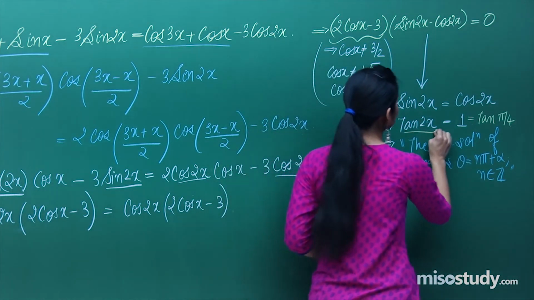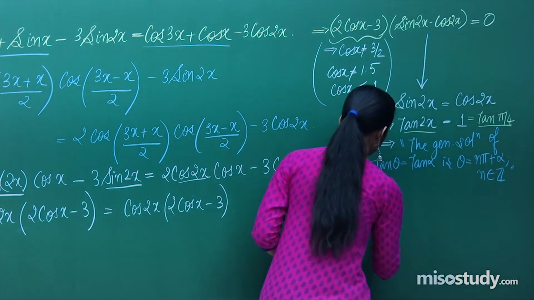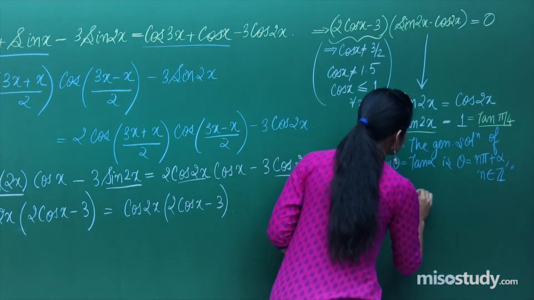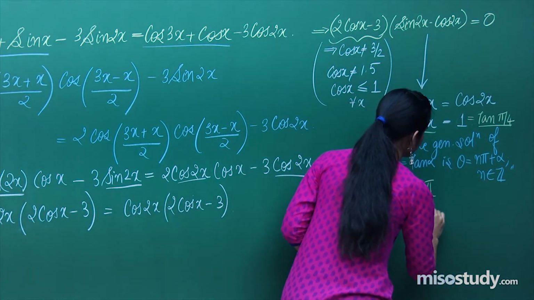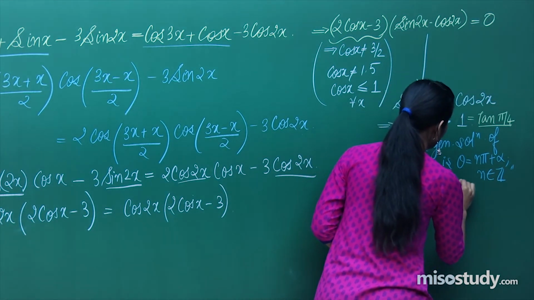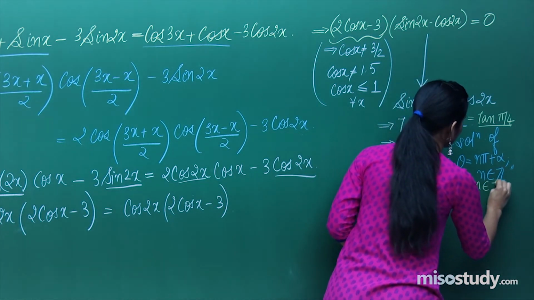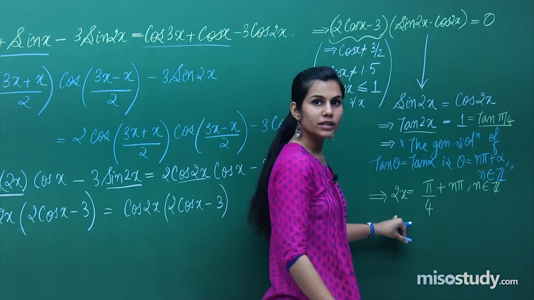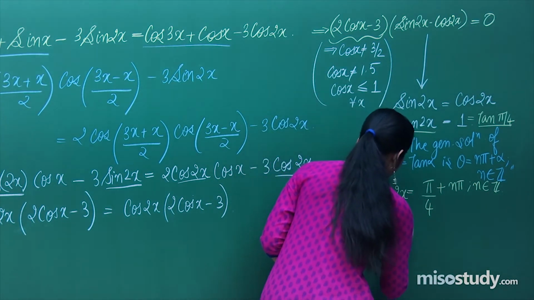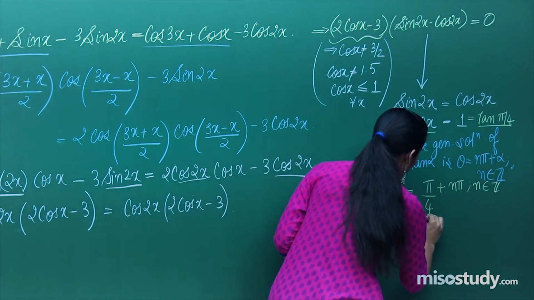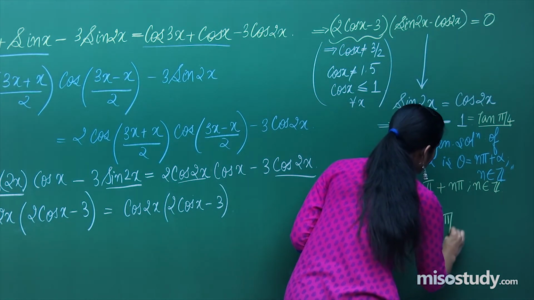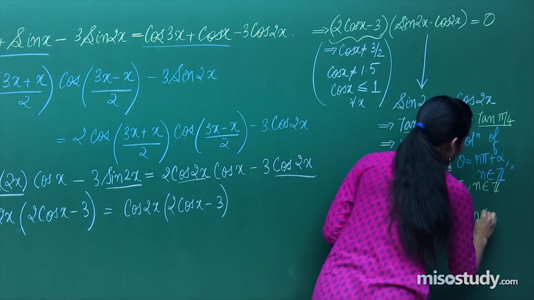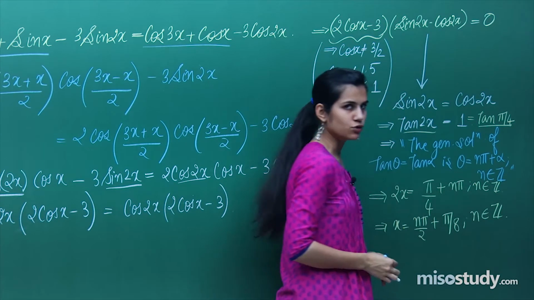Such alphas we plug. So, tan theta equals tan alpha, which means theta equals alpha plus n pi. This means what is x equal to then? x is equal to n pi by 2 plus pi by 8, and that is what is your solution.